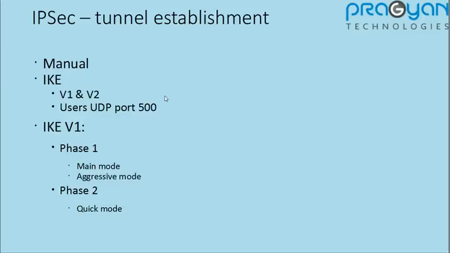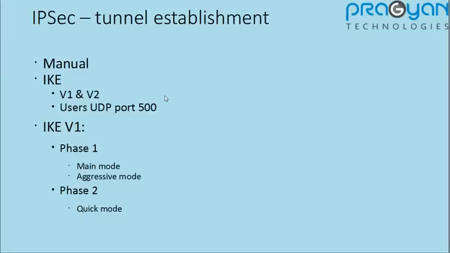It means that both the ends are agreeing on what parameters are going to be used for the VPN. It's also called establishing a security association. We'll look at what the parameters are, but the first part is you need to make sure that both sides establish that security association or tunnel.